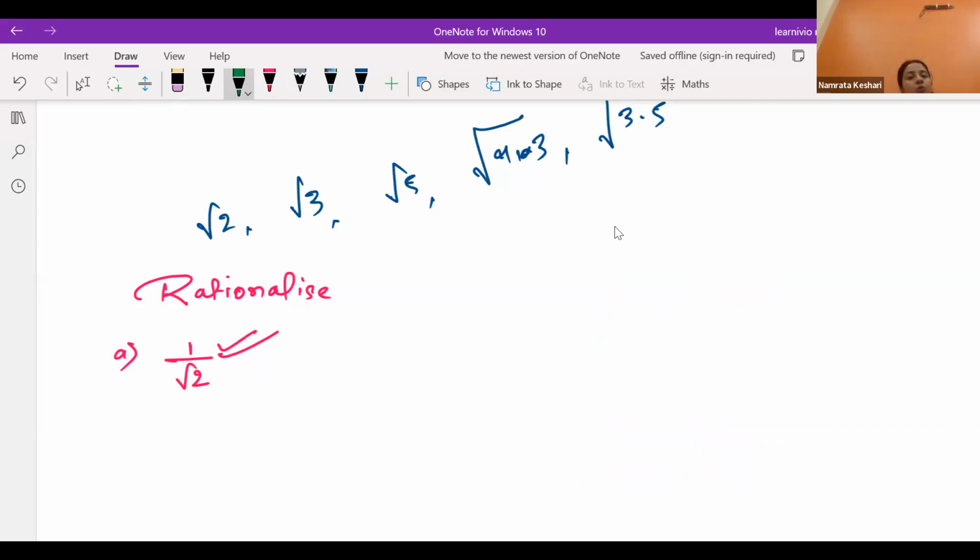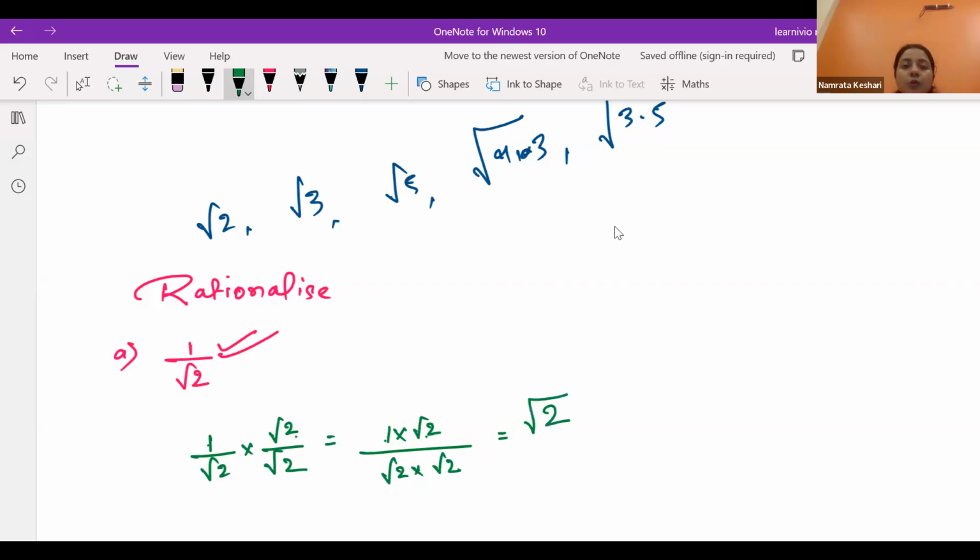When you see 1 by root 2, with root 2 in the denominator, you can multiply square root of 2 in the numerator and square root of 2 in the denominator. Once we multiply the same number in the numerator and denominator, we are not disturbing our fraction. It is completely allowed with fractions. Now we multiply numerator with numerator, we get 1 into root 2, so we end up with root 2 in the numerator.